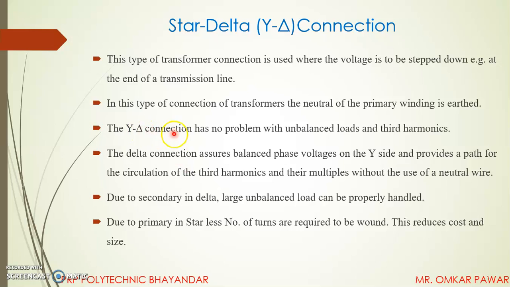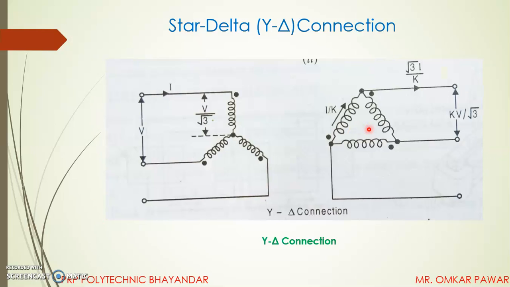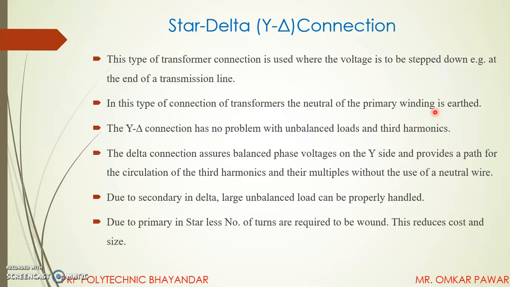So the star delta connection has no problem with unbalanced loads and third harmonics, because there is a closed path. If harmonics are present, they will continue to circulate within the delta, so they will not transfer to the load.